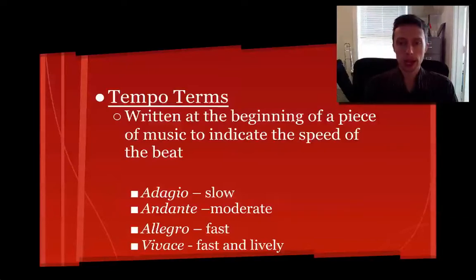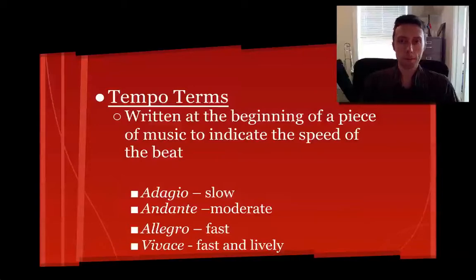As you might have noticed, these are Italian terms. They're not direct Italian translations, but they're just part of the musical nomenclature now. So adagio meaning slow, andante for moderate, allegro for fast, and vivace for fast and lively, just a little faster than allegro.